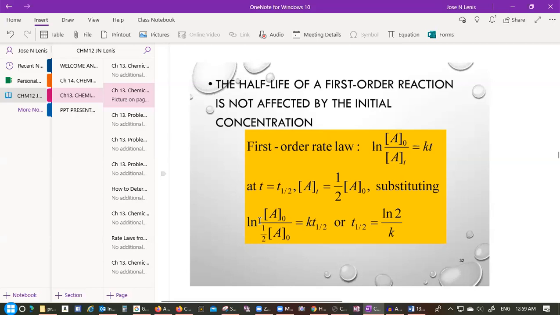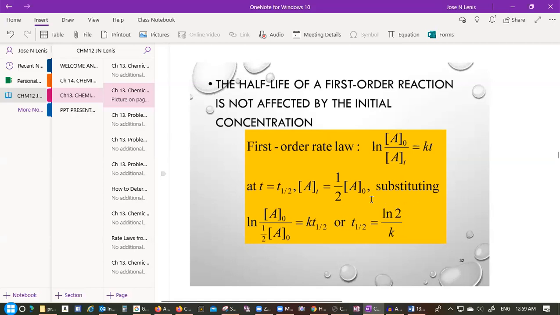So natural log of 2 equals k times half-life. And we can reorganize that and say half-life equals natural log of 2 over k. Now we have a constant here.